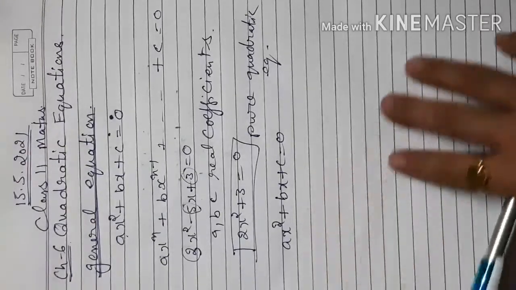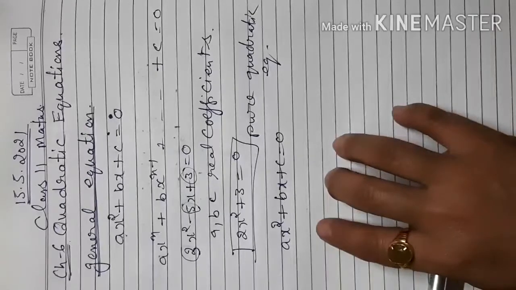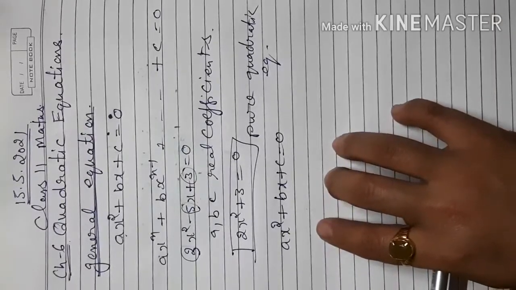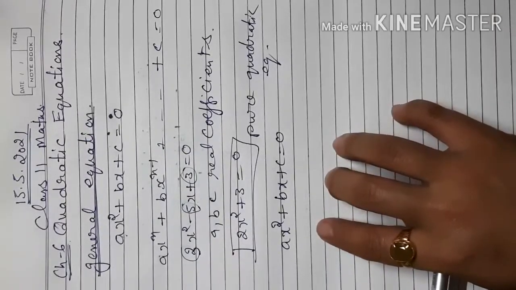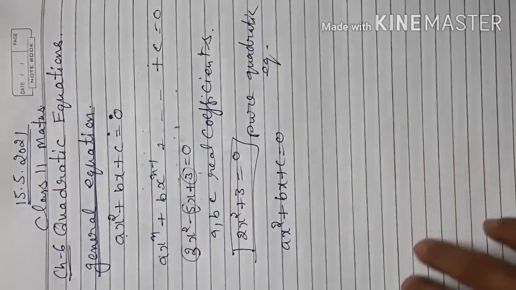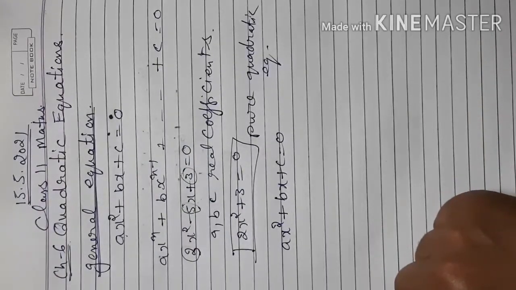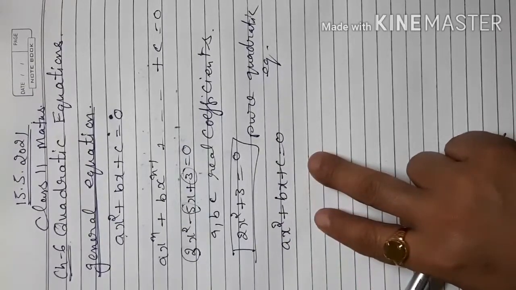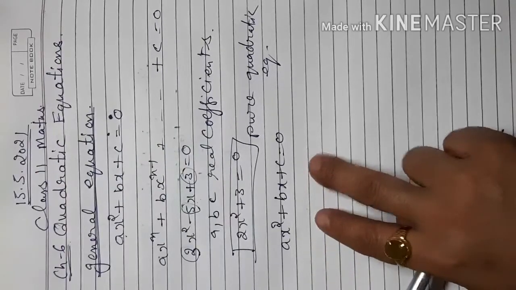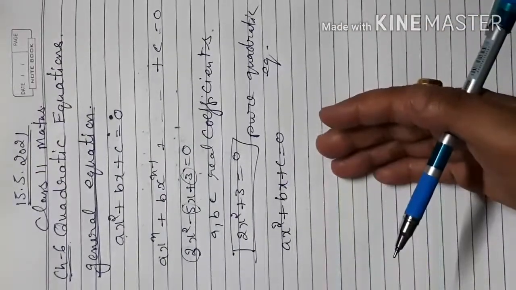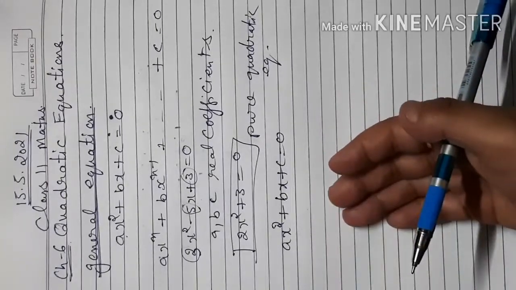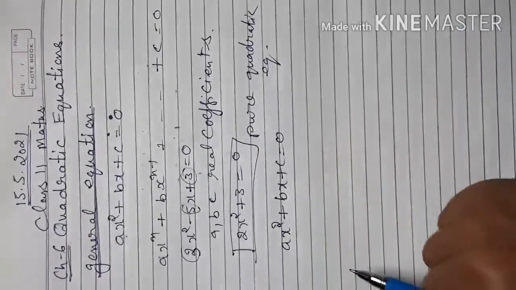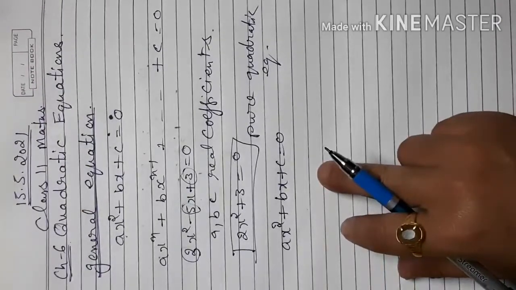So we have two methods to find the value of x, to find the roots. The two methods are with formula or without formula. Without formula, we go with the perfect square method. If I have this standard quadratic equation and I want to find the value of x, before solving there is no formula yet, and if we want the formula, that formula is generated by solving this equation by the perfect square method.